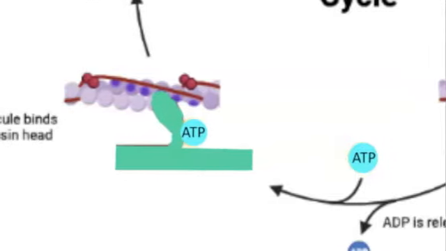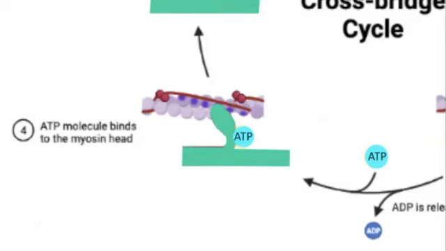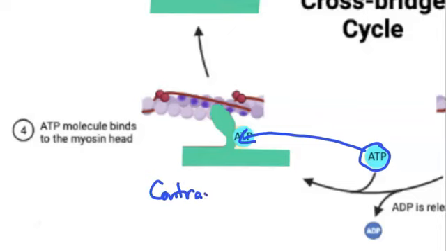In the next phase of the cycle, ATP attaches to the myosin. So we might call this the contracted condition. Now ATP is going to join onto the myosin, and the combination of ATP and myosin reduces the affinity of the myosin structure for actin.